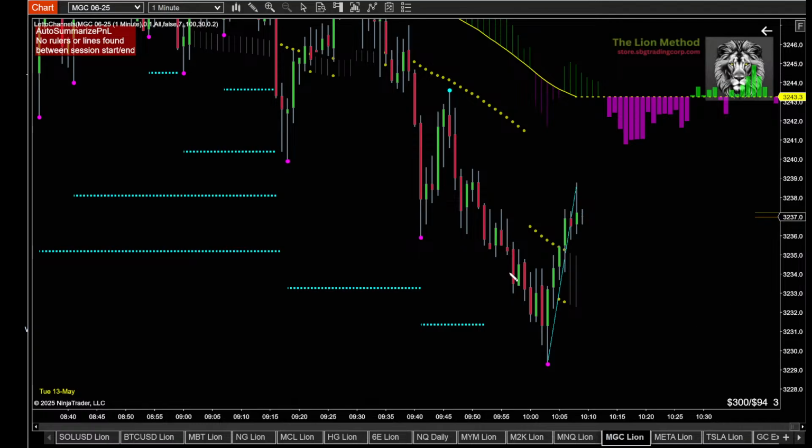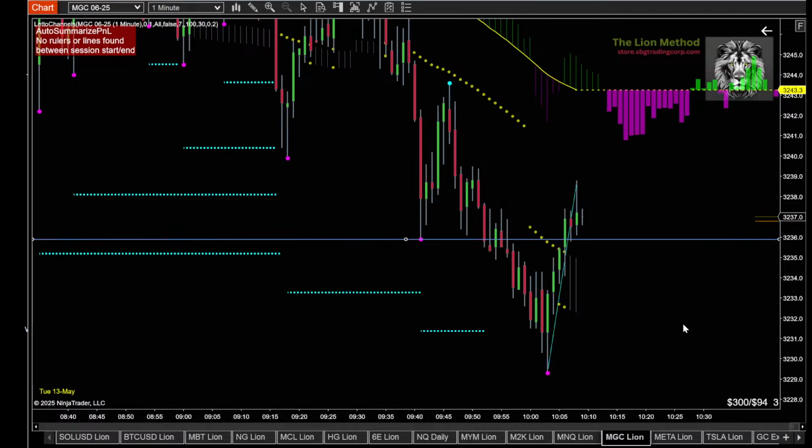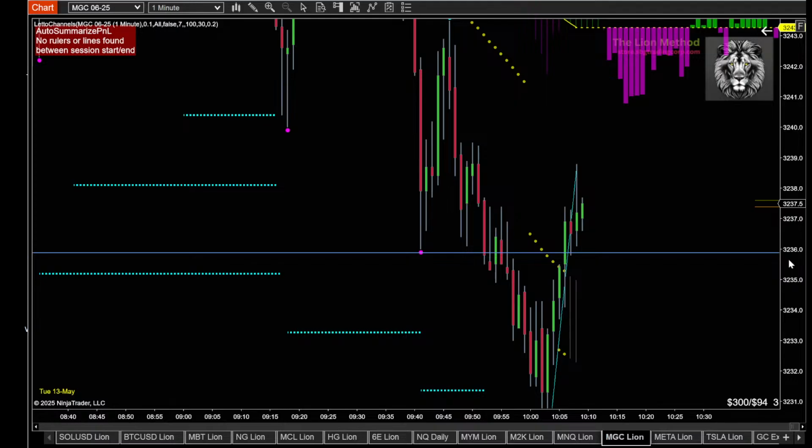So we had prior resistance here, support, resistance. Now it's support again, right at the 320, 32, 36 level. We could risk 3 contracts.